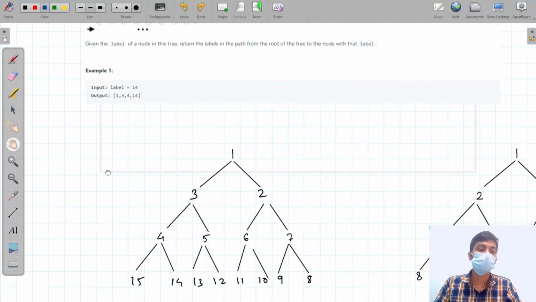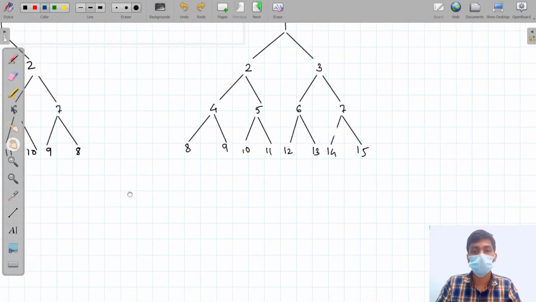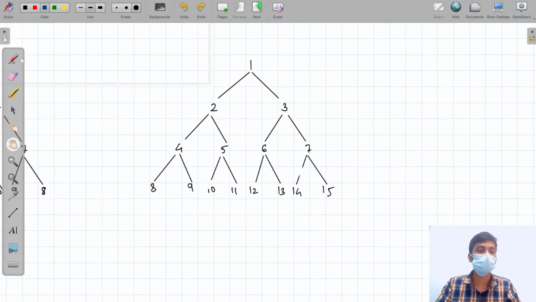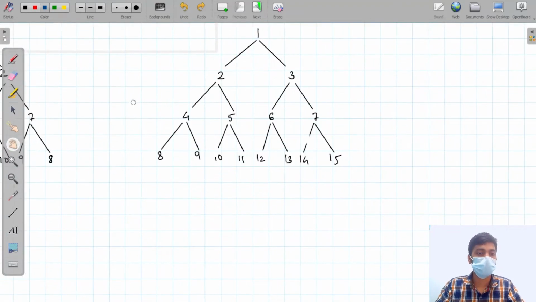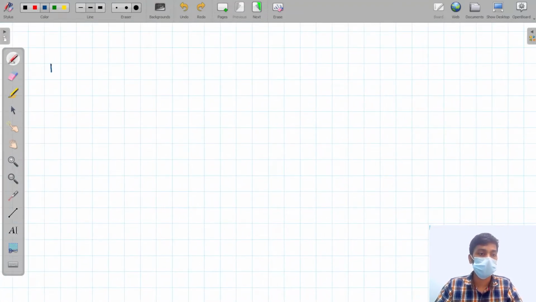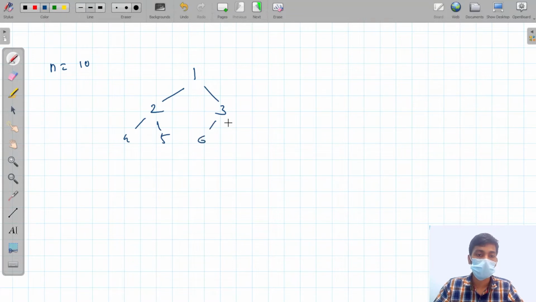Okay, so what is this saying? Let's take this tree as an example. Or let's make our own new tree. If we are provided with n is equal to 10, then the nodes are labeled in level order, right? So 1 2 3 4 5 6 7 8 9 10.